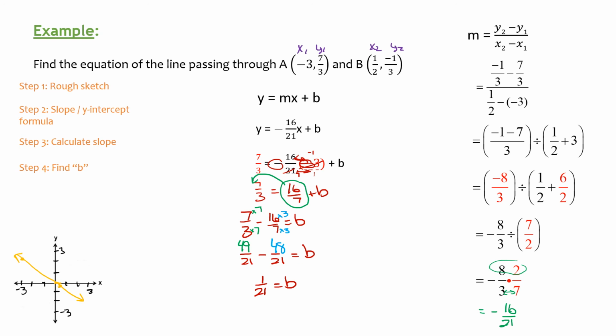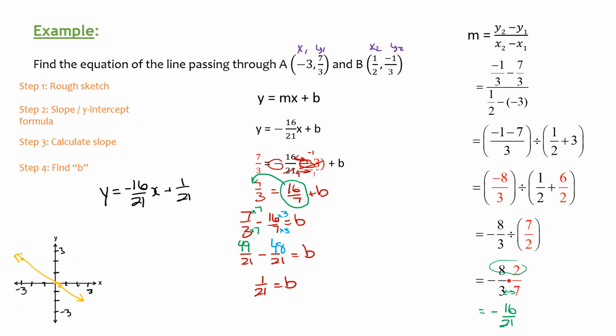So the equation I get is, I'll put it right here, y equals -16 over 21x. Remember, your final equation needs an x and it needs a y, plus 1 over 21.